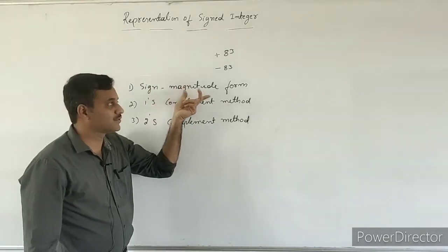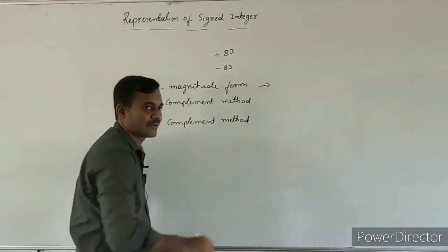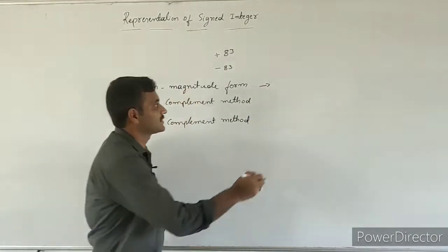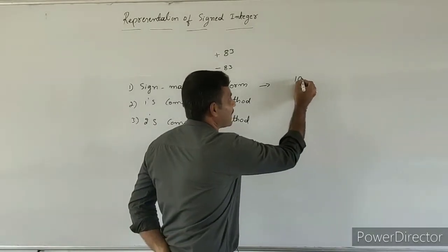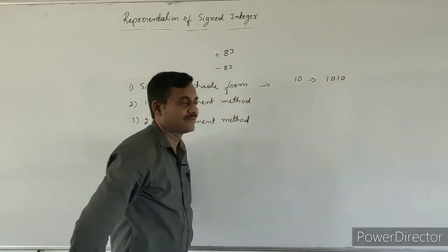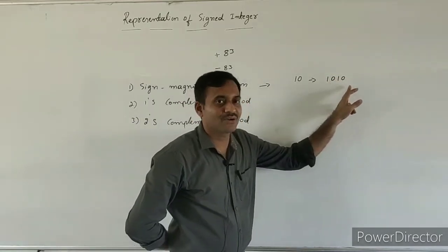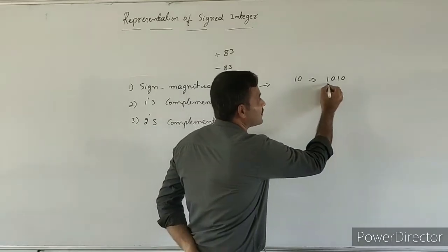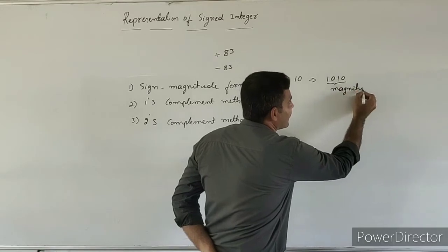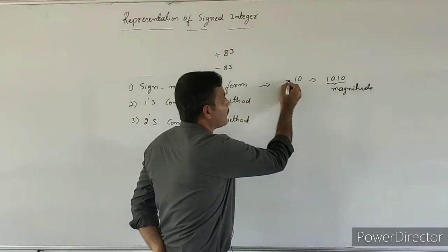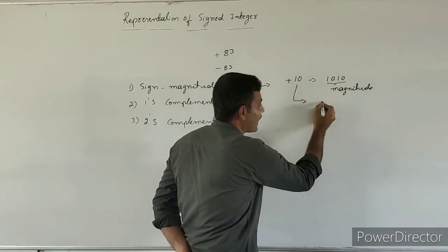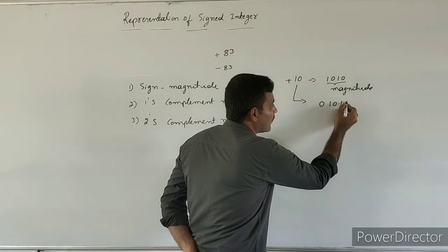In a sign magnitude form, there is a sign bit, then the remaining is the magnitude. For example, if it is decimal 10, we represent it as 1010. Here 1010 is the magnitude. Then to represent positive 10, we add a 0, giving 01010.